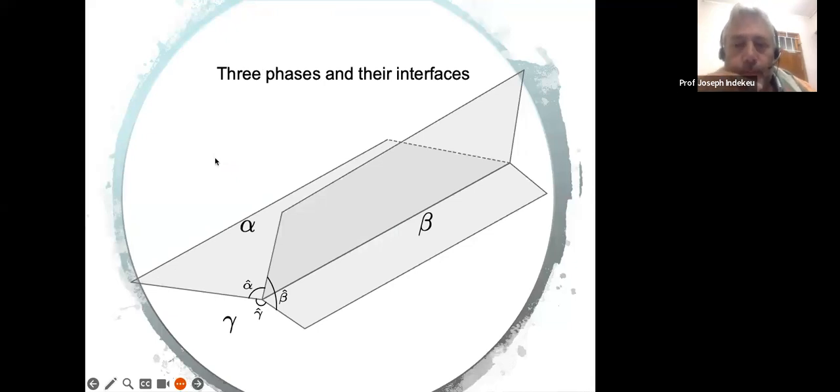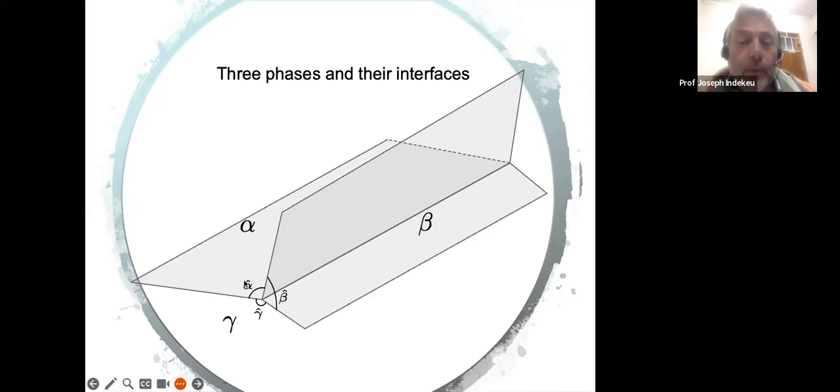So here I have sketched a kind of macroscopic viewpoint of the meeting of 3 phases in space. So we call these phases alpha, beta, and gamma. And as we have seen before, these could be liquid or these could be vapor phases. Let's assume for the time being that they are fluid phases, so that the interfaces between them can in principle be deformed and are not rock solid hard.